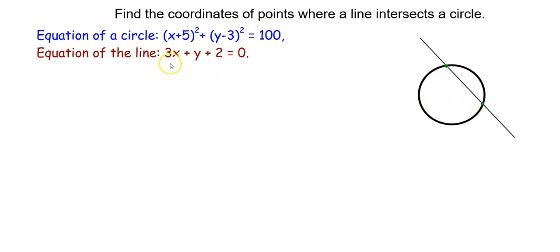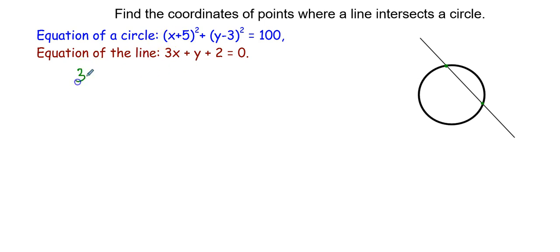Alright, so we have the equation of a line, that is 3x + y + 2 = 0. Now I'll try to write this in the slope intercept form, like y = mx + b, so that the value of y I'll substitute in the given equation of the circle. I'll show you.